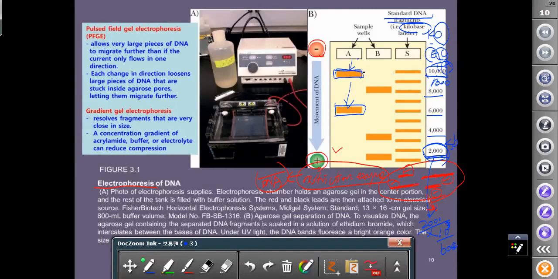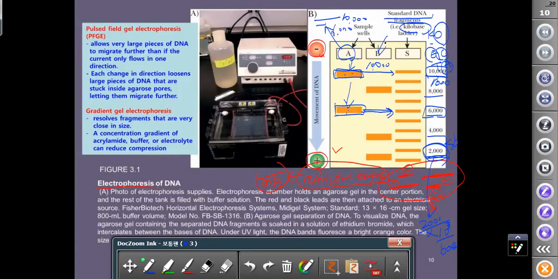One corresponds to almost 10,000 kilobase, and the other corresponds to almost 6,000. That means this sample A has two different fragments: one is 10,000, the other 6,000.